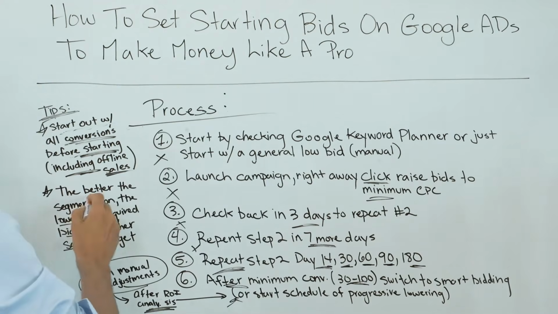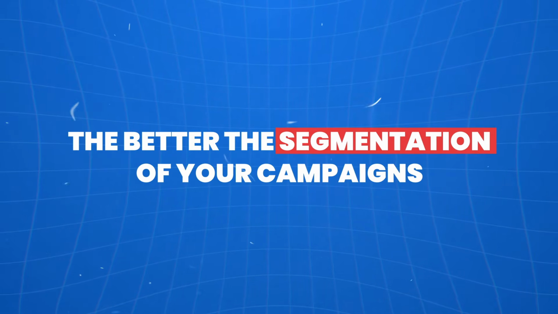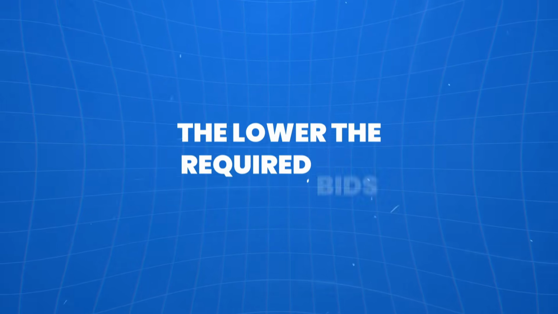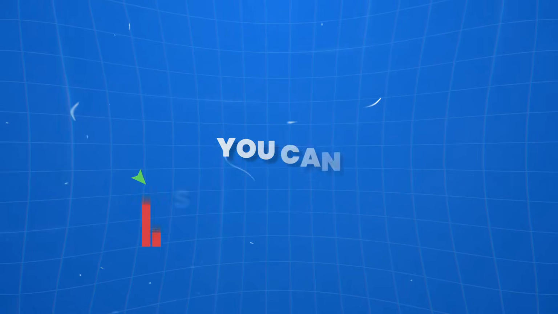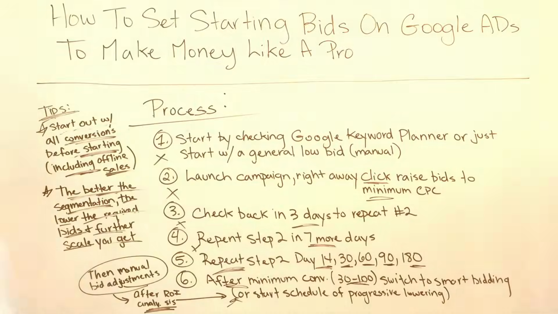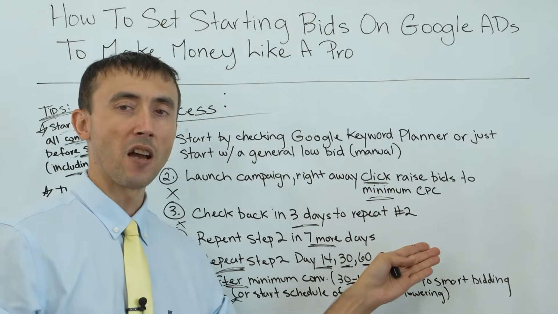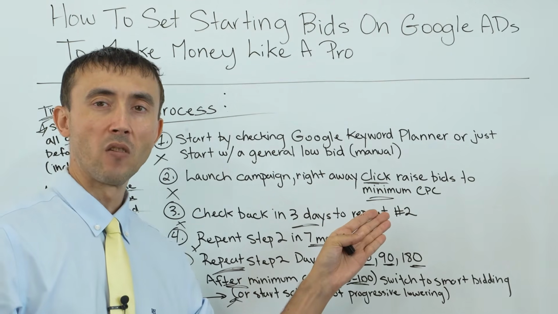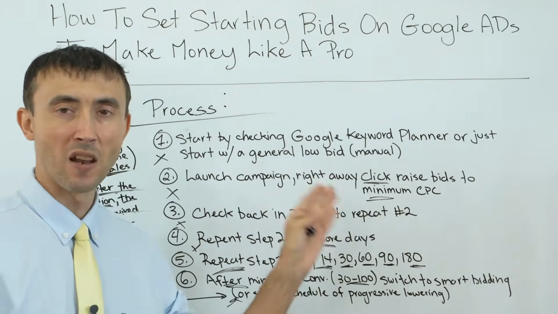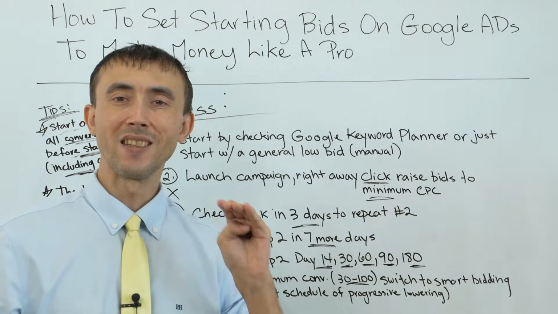Another pro tip I wanted to mention here: the better the segmentation of your campaigns, the lower the required bids are going to have to be to get your clicks going, and the further you can scale. So if you don't want to have to pay $100 a click to get your ads going, or for the least amount of time possible, you absolutely want to segment more.